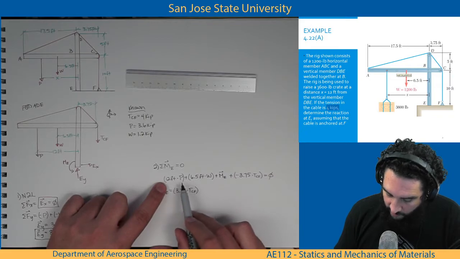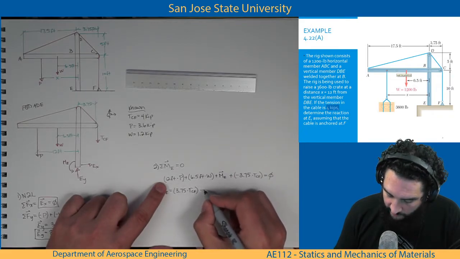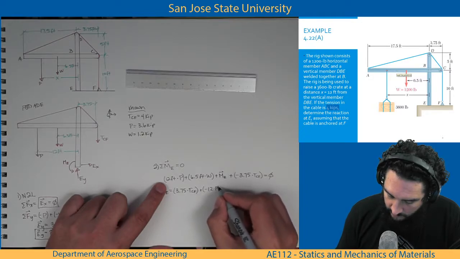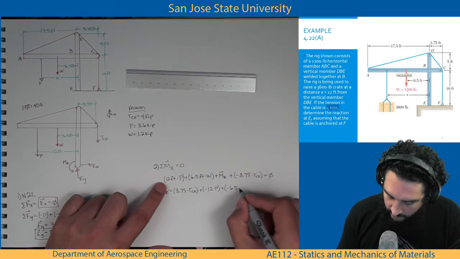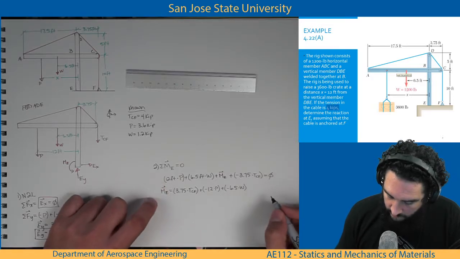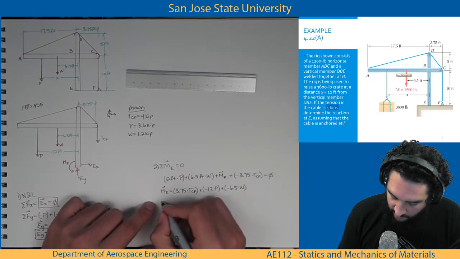These two quantities are positive, and so they'll go negative. Let's substitute in values and solve.